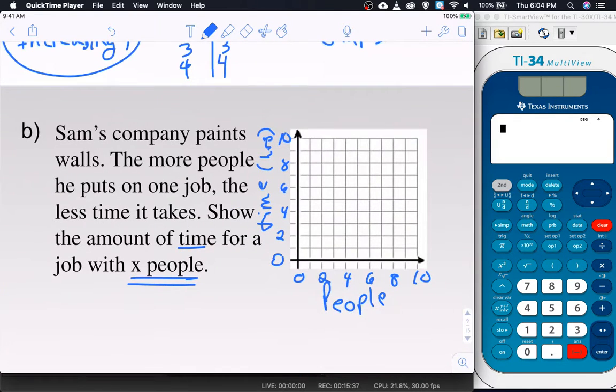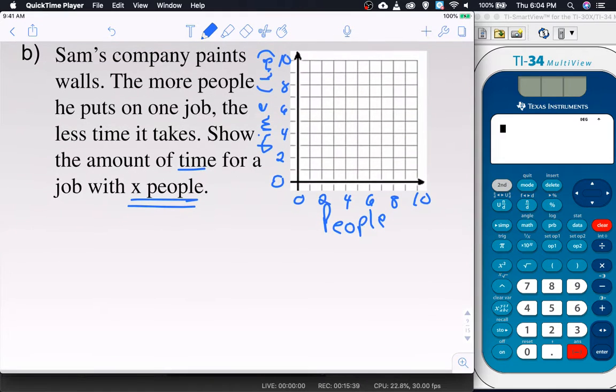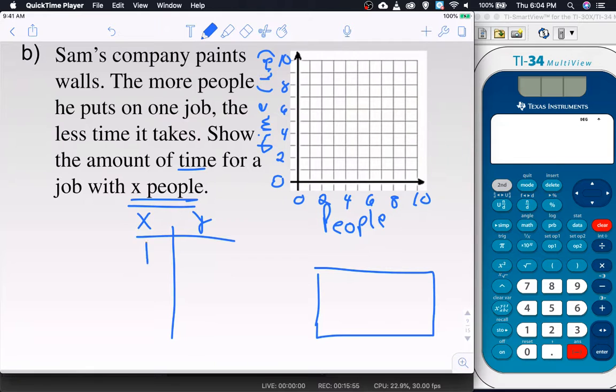Now, I don't really know what this is going to look like, but I can make a table. So let's play pretend here. We've got x people and y hours. Let's say we have a big wall. It would take one person, let's say, 10 hours to paint.